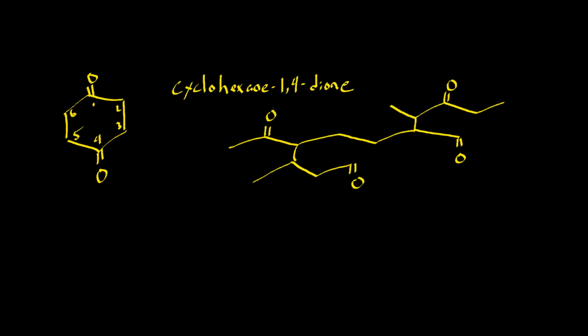Now, as for what the main chain is going to be, well, remember, we have 2 ketones and 2 aldehydes. So, aldehydes have priority over ketones, so our main chain is going to have to include both of the aldehydes. And in this case, it's not going to include either of the ketones.